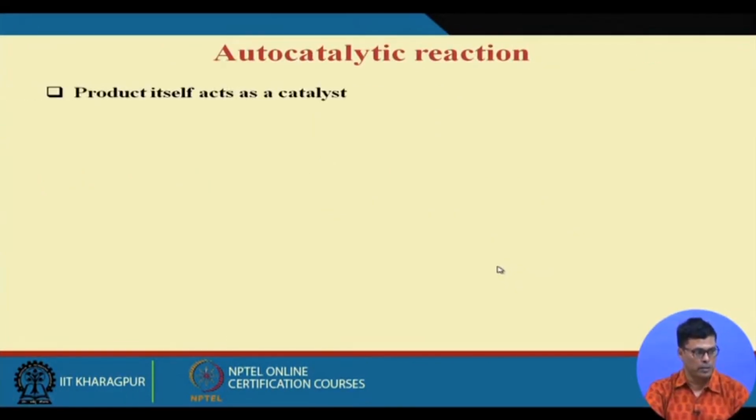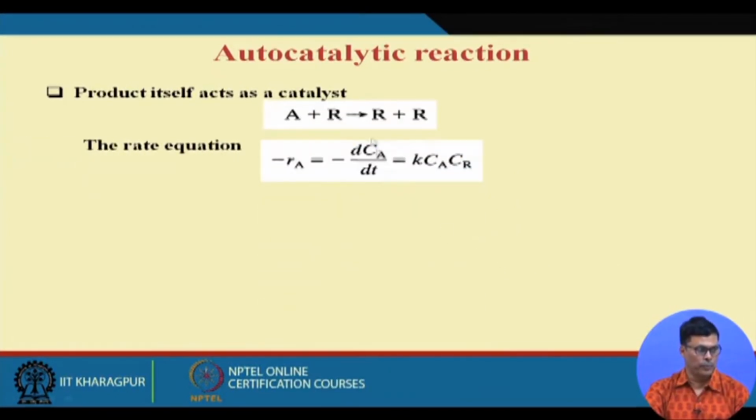Another very interesting thing is the autocatalytic reaction. What is an autocatalytic reaction? A plus R produces R, and R is the product, and R itself again acts as a catalyst to carry out the reaction. That is why we call it an autocatalytic reaction. In the microbial system, it is largely applicable.